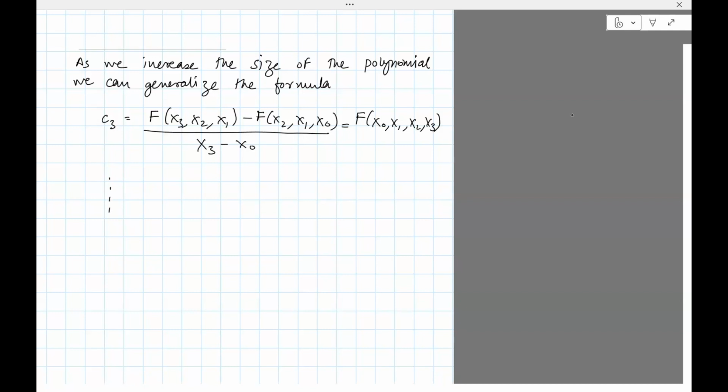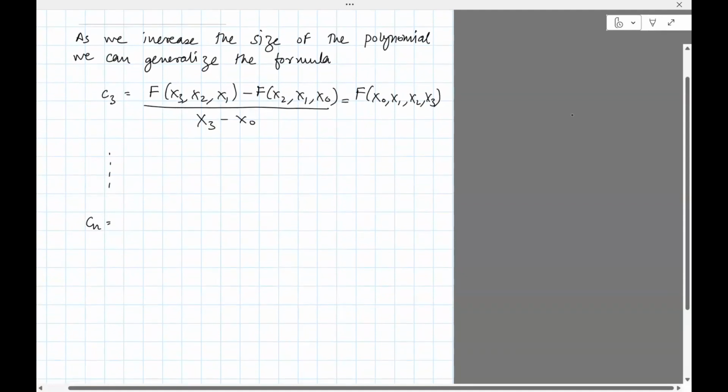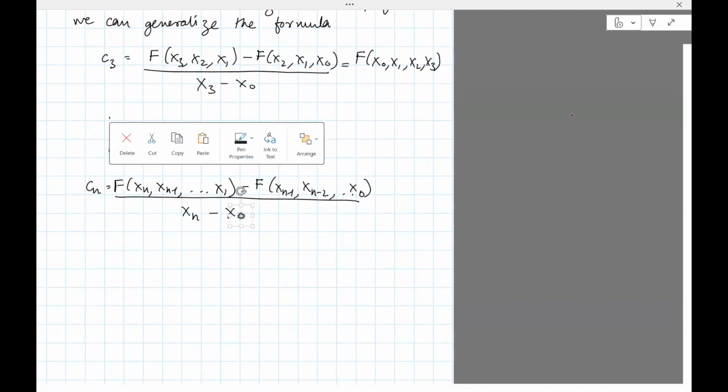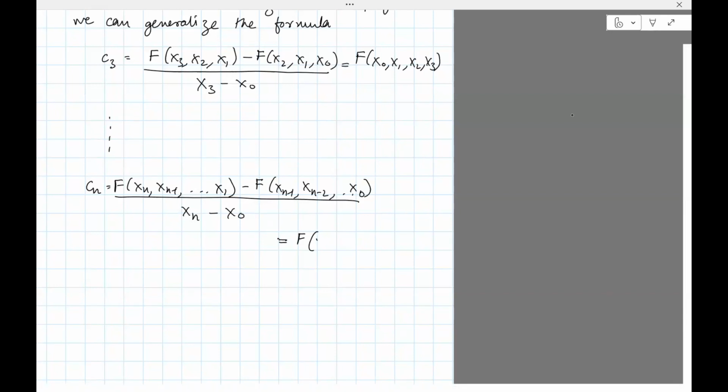So we keep doing that till, say, Cn, which will be capital F xn, xn minus 1, so on till x1, minus capital F xn minus 1, xn minus 2, so on till x0, divided by xn minus x0, which can be written in a form this way: x0, x1, so on.